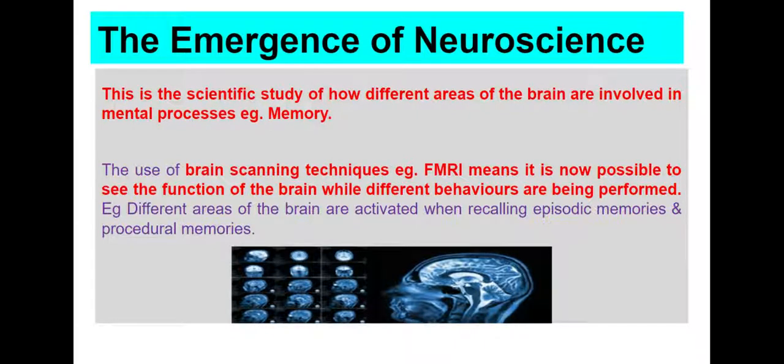So you could be recalling information, and then what is demonstrated is that different areas of the brain are activated. So there's more oxygenated blood to that area because it's working harder when recalling episodic memories.